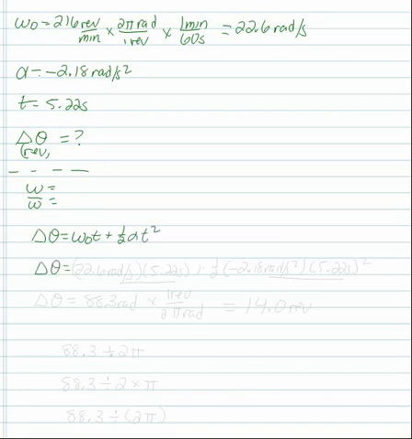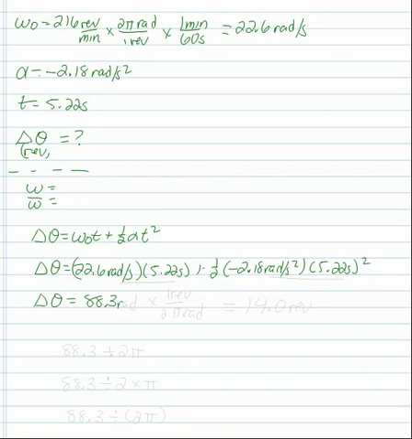Delta theta equals 22.6 radians per second, times t, 5.22 seconds, plus 1/2, negative 2.18 radians per second squared, 5.22 seconds squared. When you solve this, you get delta theta is 88.3 radians.